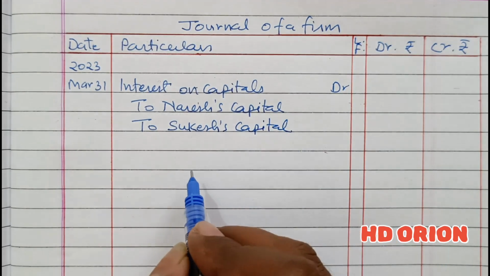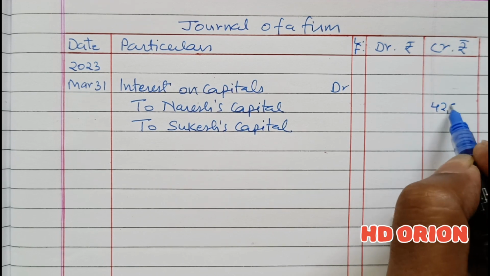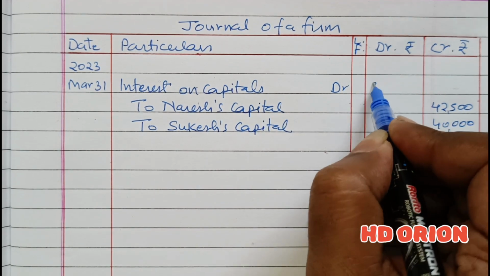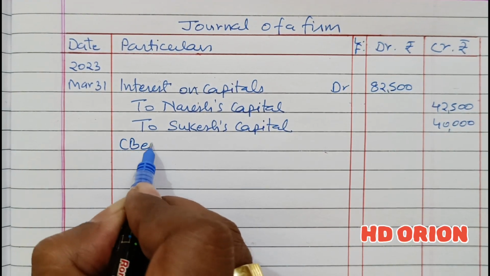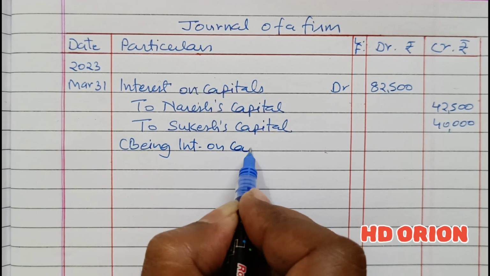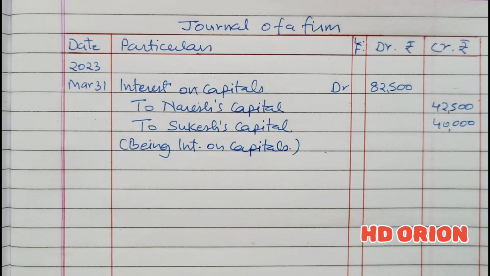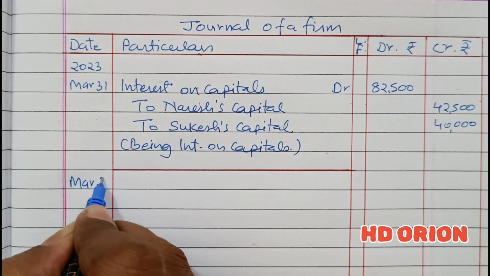Not current account, because the capital account is fluctuating. So the first partner is having 42,500 as interest on capital, and the other partner 40,000, as we have calculated. Being interest on capitals. And now we will transfer this to appropriation account.